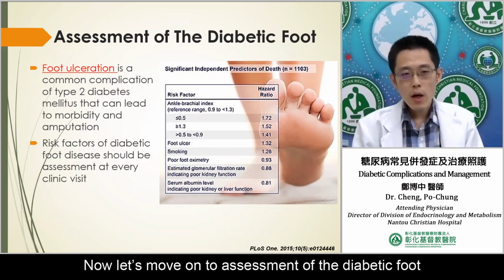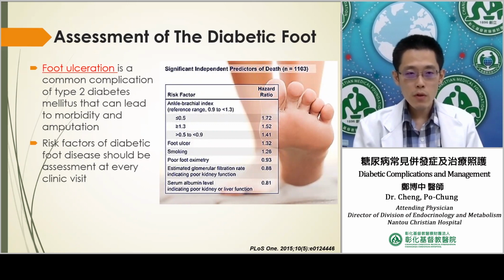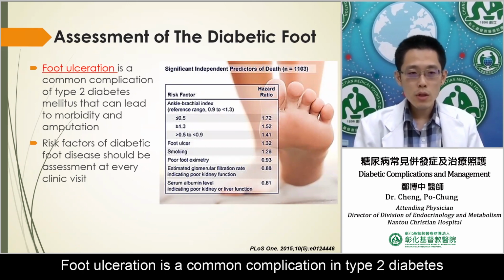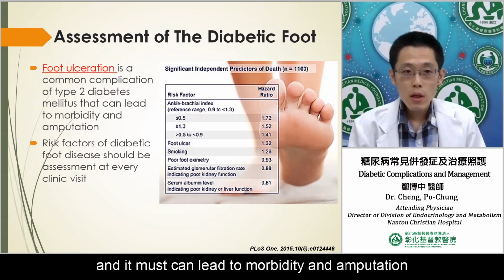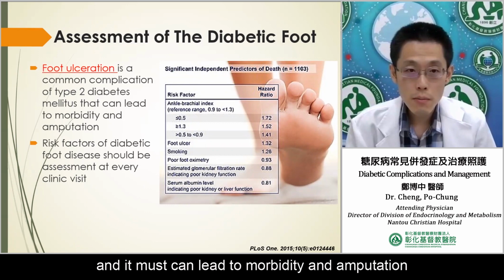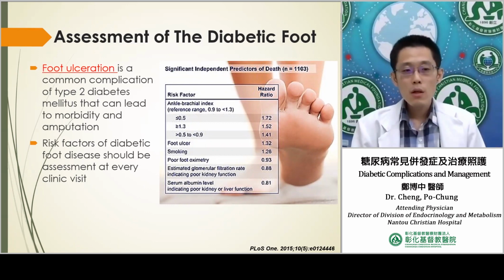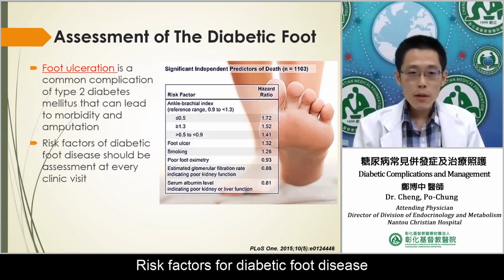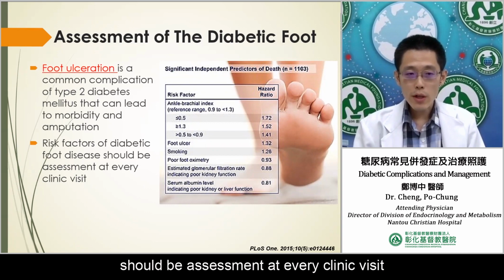Now let's move on to the assessment of the diabetic foot. Foot ulceration is a common complication in type 2 diabetes, and it can lead to morbidity and amputation. Risk factors for diabetic foot disease should be assessed at every clinic visit.